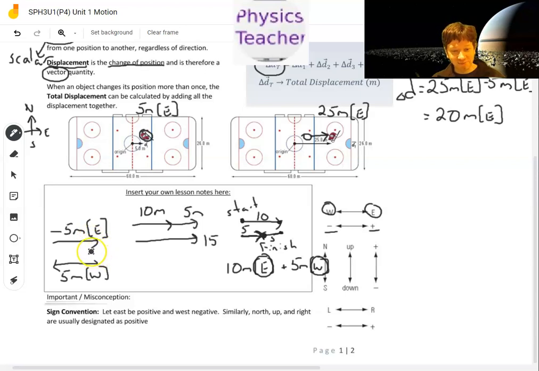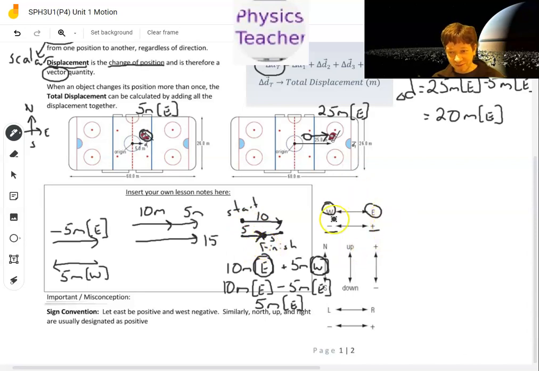Anti-parallel just means parallel, but opposite directions. And in order to do that, we flip the sign of both the direction and the negative in front. So I can add these if I simply change that positive 5 meters west to negative 5 meters east. Now that the directions are the same, 10 minus 5 is 5 meters east, which gives us exactly what we would think we would get based on this diagram.